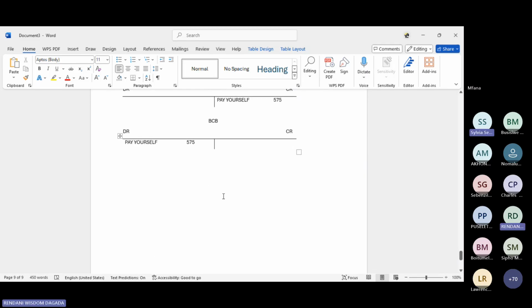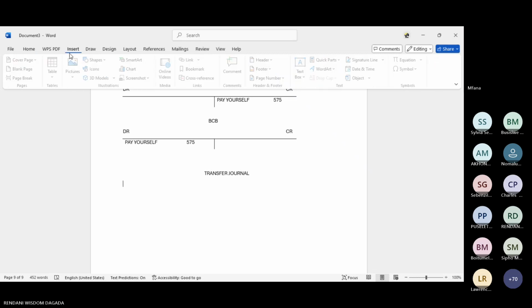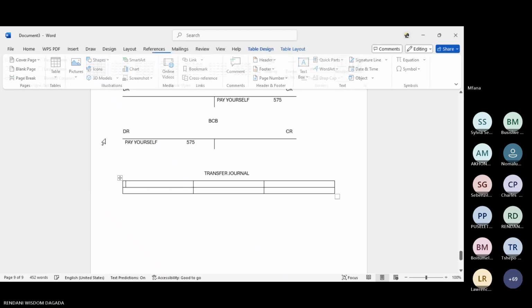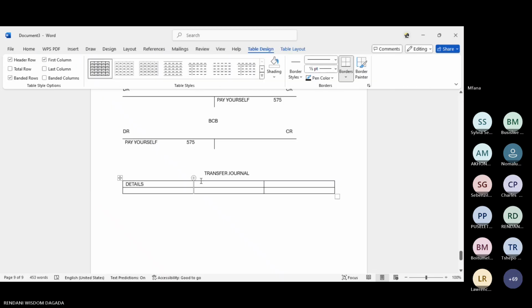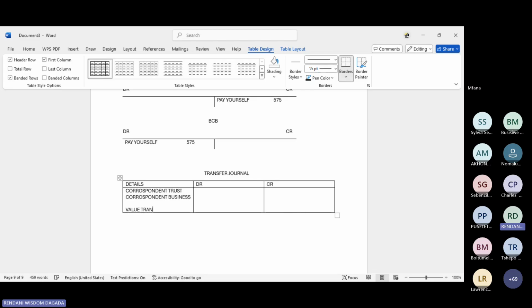And what do you trigger after that step? Transfer journal. Details, TR, CR. Start with the correspondent trust, correspondent business, value transfer. Put that 575 here, 575.